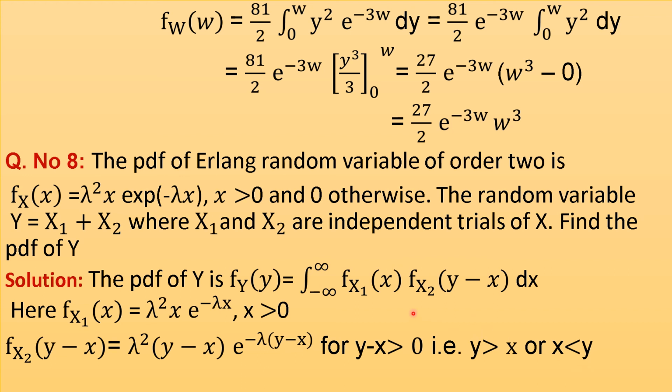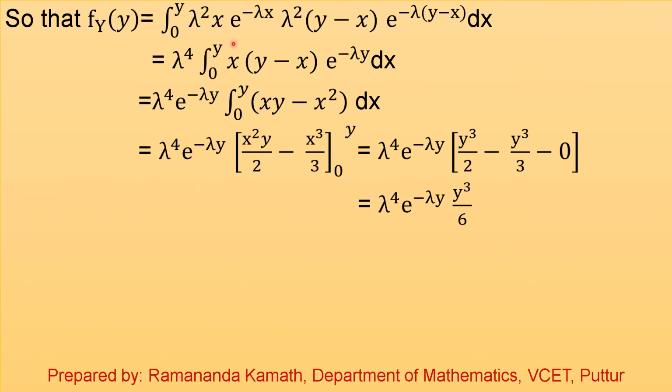So the probability density function of y, fy of y, by the convolution theorem, is fx1 of x, which means lambda square into x into e power minus lambda x, then fx2 of y minus x, which is lambda square into y minus x into e power minus lambda into y minus x, dx.